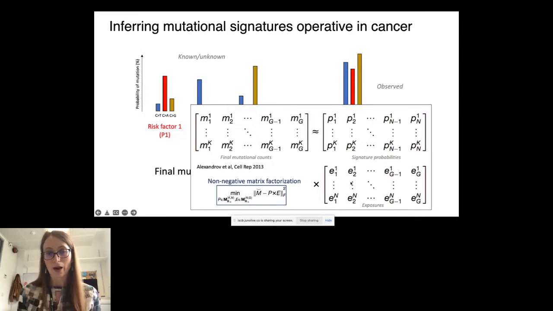It works by randomly initializing the P and E matrices, and then you try to update them such that you get this product as close as possible to the M matrix. So this is a brief overview of how the methodology works.